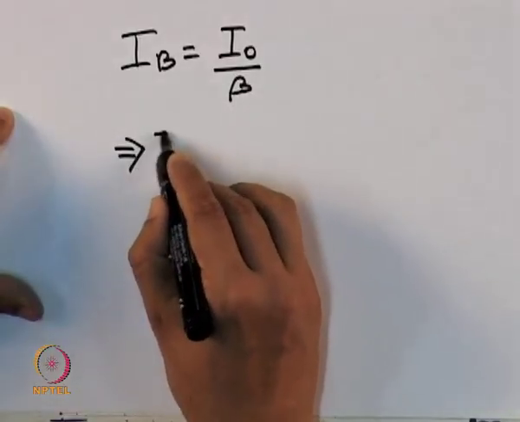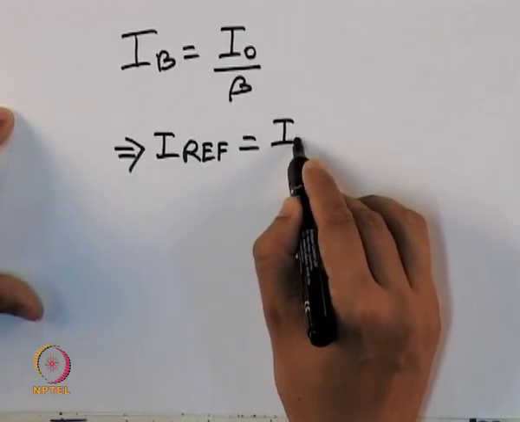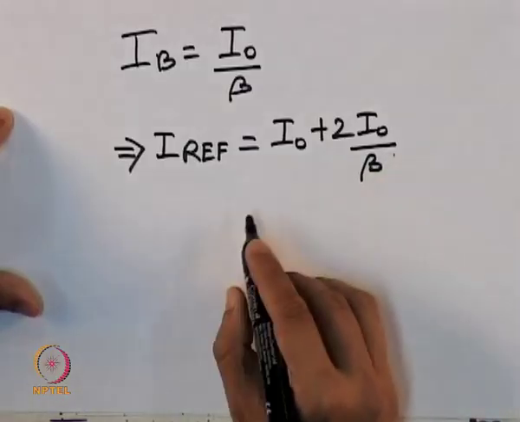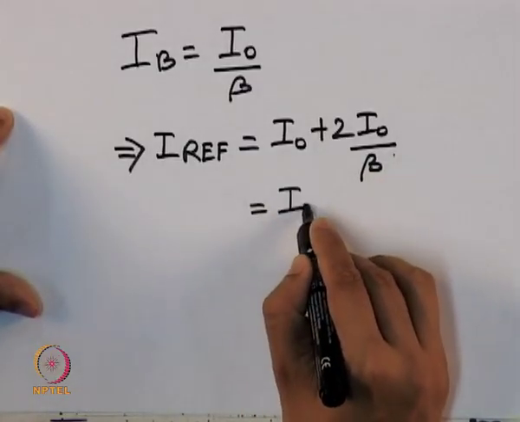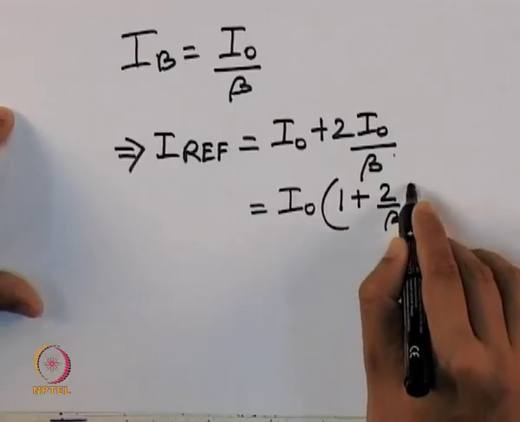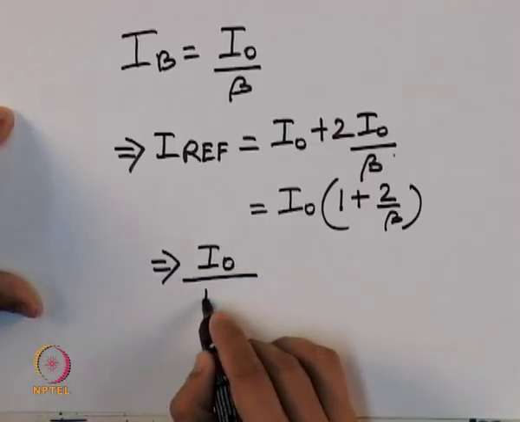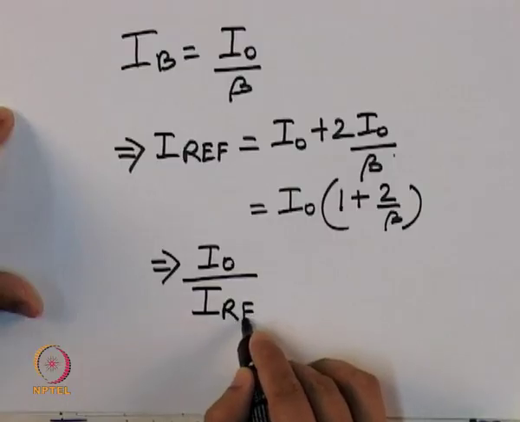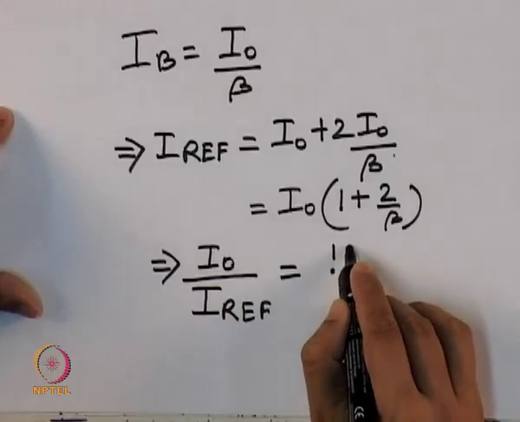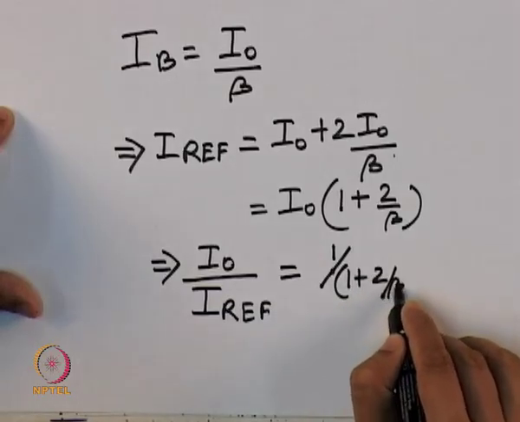Now this implies Iref is equal to I0 plus twice I0 upon beta, which is equal to I0 into 1 plus 2 upon beta. So this implies that I0 upon Iref is equal to 1 upon 1 plus 2 upon beta.